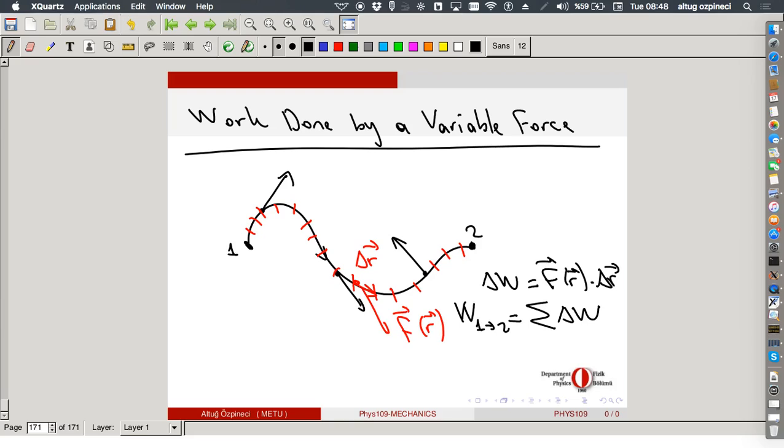So the work done in each one of these segments will be almost zero, but there will be infinitely many of them, and this sum is nothing but what we call the integral, from 1 to 2. This is what's called the path integral. Line integral, sorry.